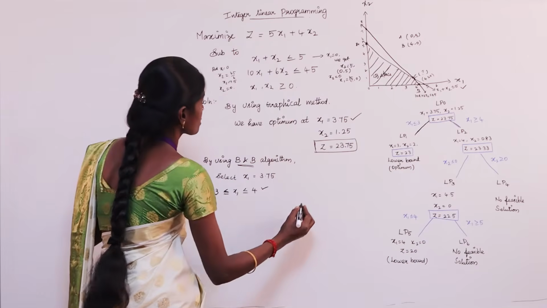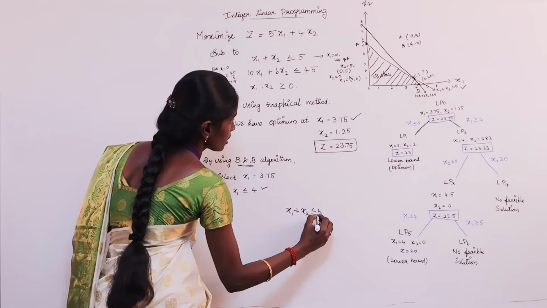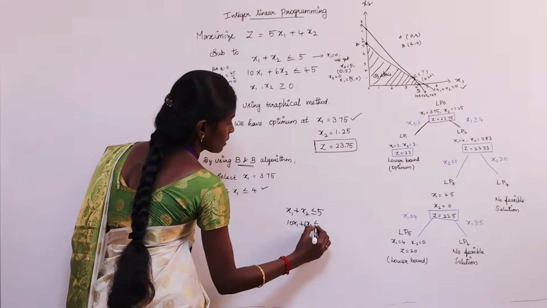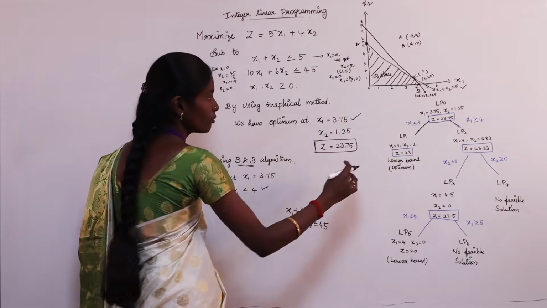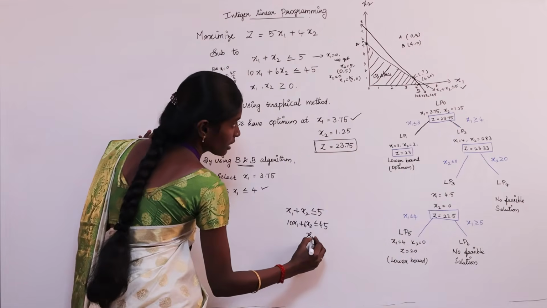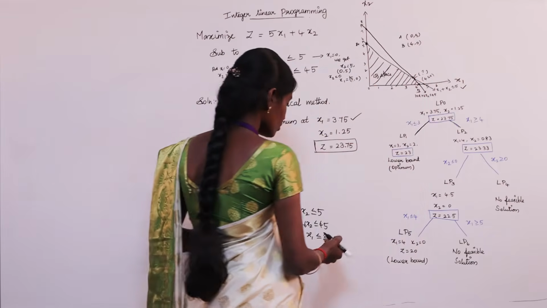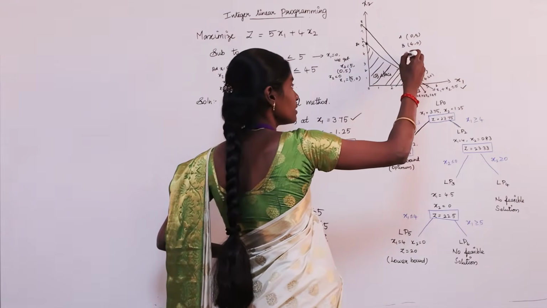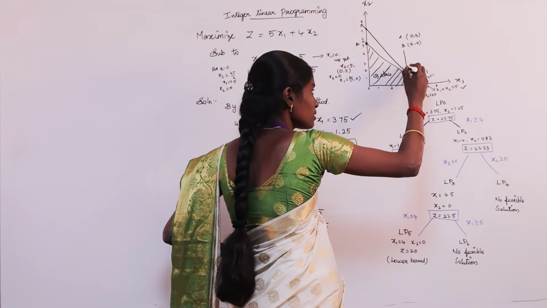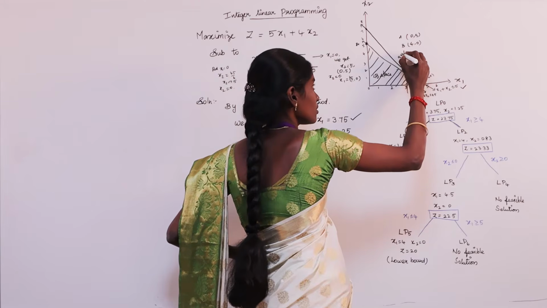If we have one more constraint in the given equation, that is, we already have the constraints x1 plus x2 less than or equal to 5 and 10x1 plus 6x2 less than or equal to 45. Now we have one more space, LP1, in which we have x1 less than or equal to 3. So we have to find the feasibility range, where x1 is less than or equal to 3.